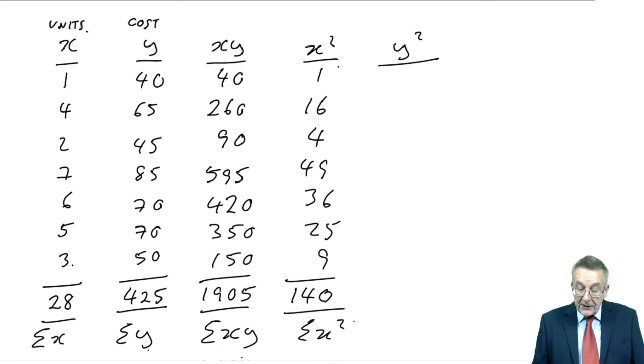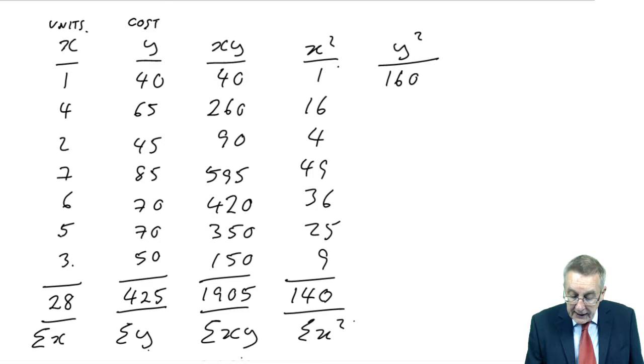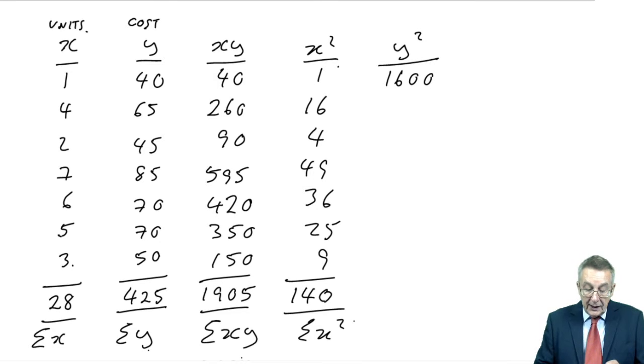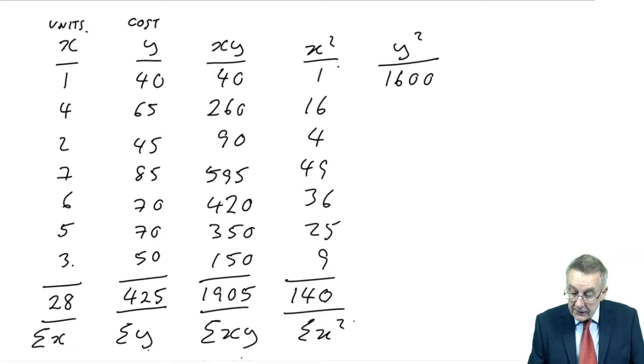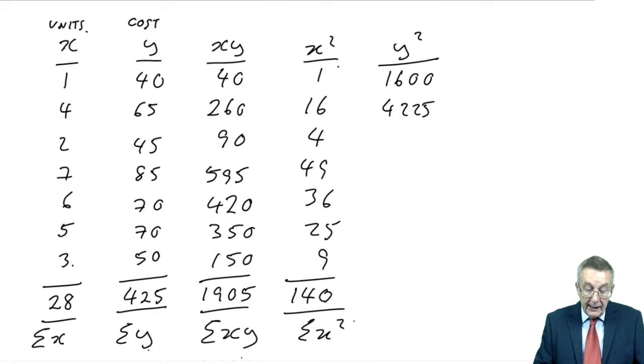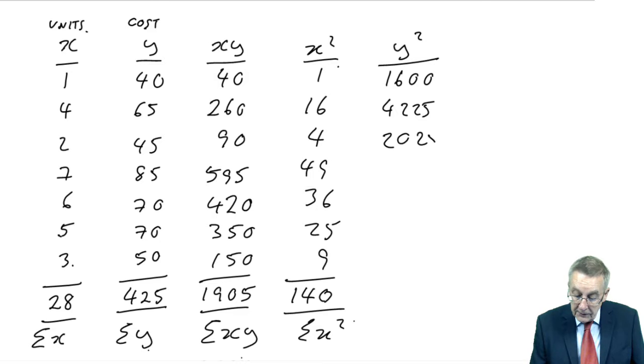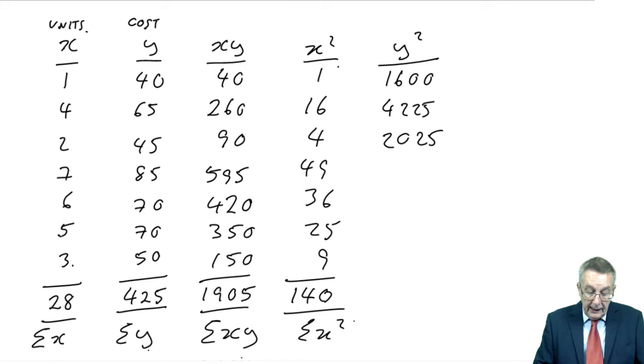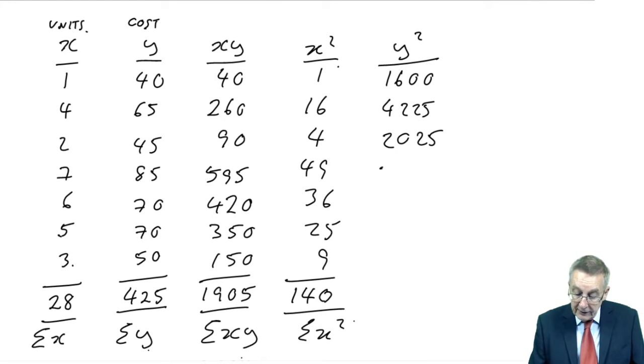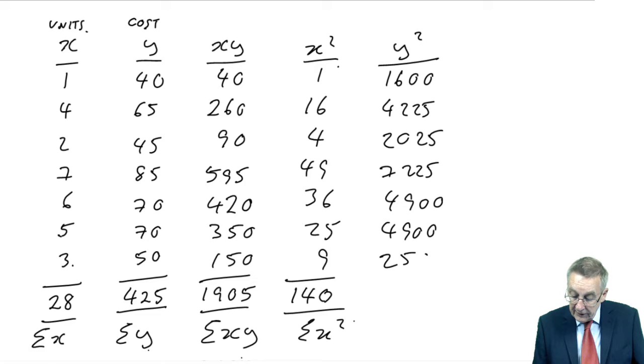So be patient with me, please. Y squared: 40 squared is 1600, 65 squared is 4225, 45 squared 2025, 85 squared 7225, 70 squared 4900, 50 squared 2500.